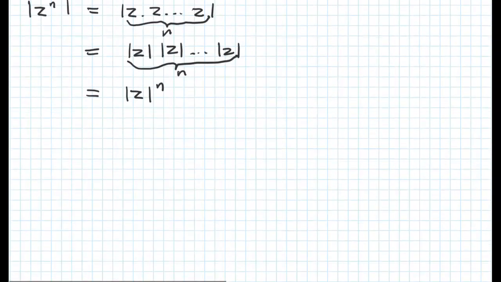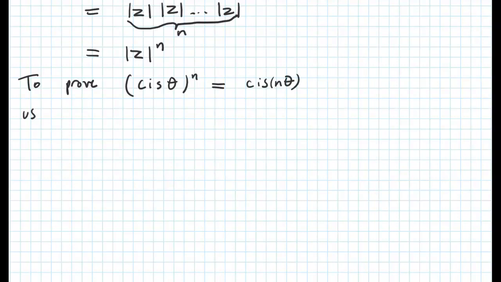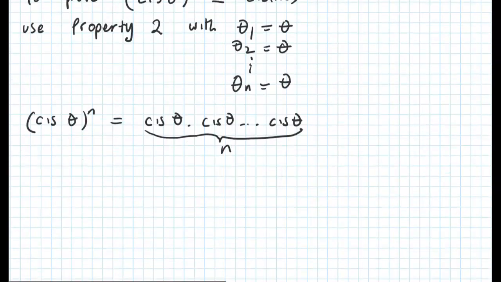Next part of the proof involves looking at cis theta to the power of n. We want to establish that this equals cis n theta. We're going to use property 2 for this, with theta 1 up to theta n equal to theta. If we look at the left-hand side, we can expand that out to cis theta times cis theta, n times.